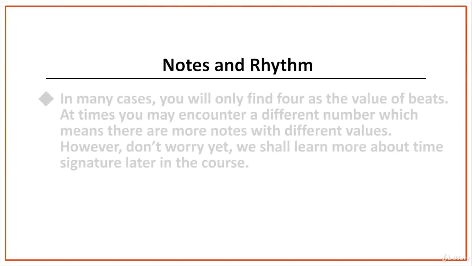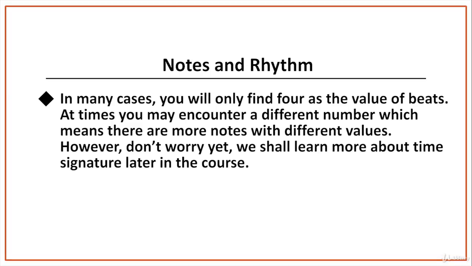In many cases, you will only find 4 as the value of beats. At times, you may encounter a different number, which means there are more notes with different values. However, don't worry yet. We shall learn more about time signature later in the course.